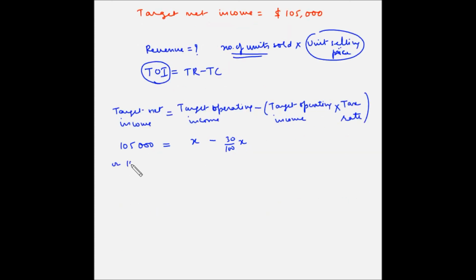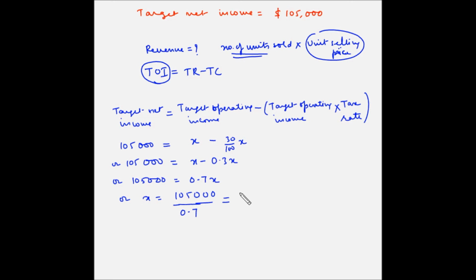or 105,000 is equal to X minus 30 divided by 100 is 0.3 times X, or 105,000 is equal to 0.7X, or X is equal to 105,000 divided by 0.7, which is equal to $150,000.